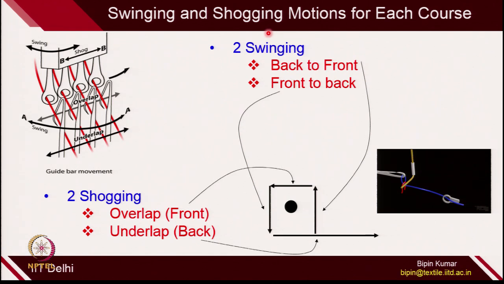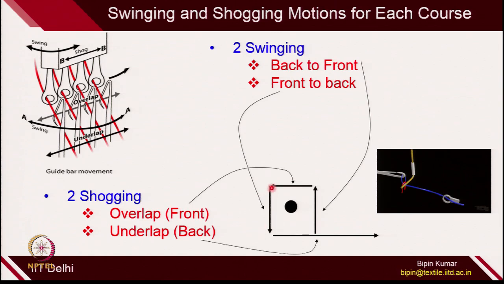As you know, for each course development in a warp knit structure, there are 2 swinging motions and 2 sagging motions. Whenever the guide bar provides yarn to a needle, it first does the swinging motion, then the sagging motion on the front side of the needle, which is called overlap.